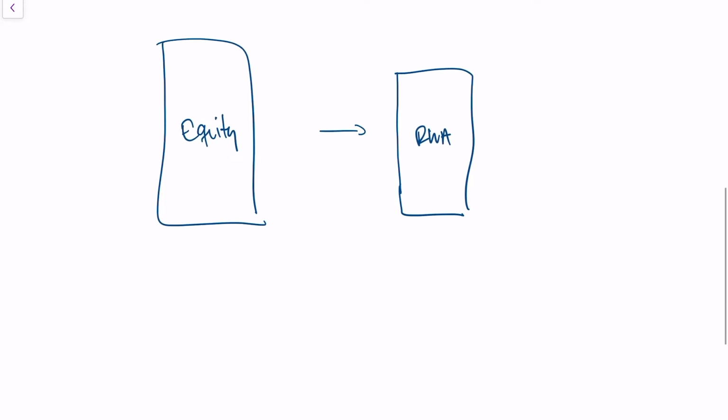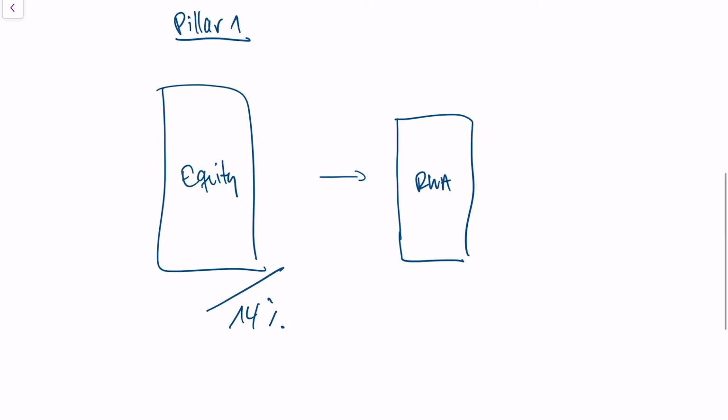There's a simple formula telling you that equity divided by your risk-weighted assets has to be a certain percentage, right? And this percentage is individual for every bank, but it's usually about 14%, right? This means you can take your equity and divide it by 14%, and this tells you how many risk-weighted assets you can spend.